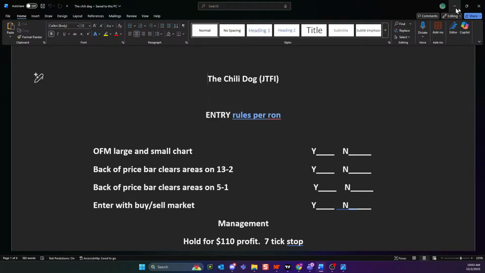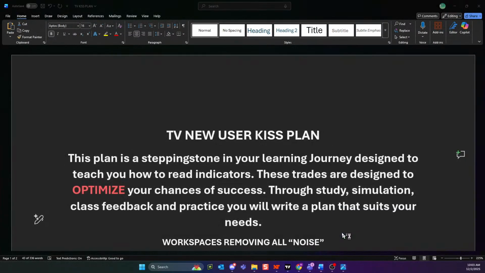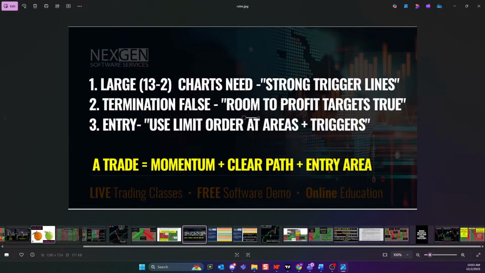Guys, everything that I do in this room, all the simplicity, all the boredom, all the do nothing, the rigid rules, we're laying a foundation for you to learn to read your indicators, because once you can read your indicators, you can say, I have this advantage. I have that advantage.